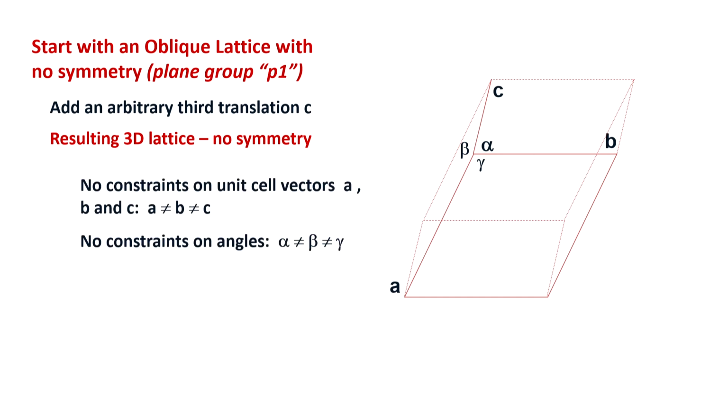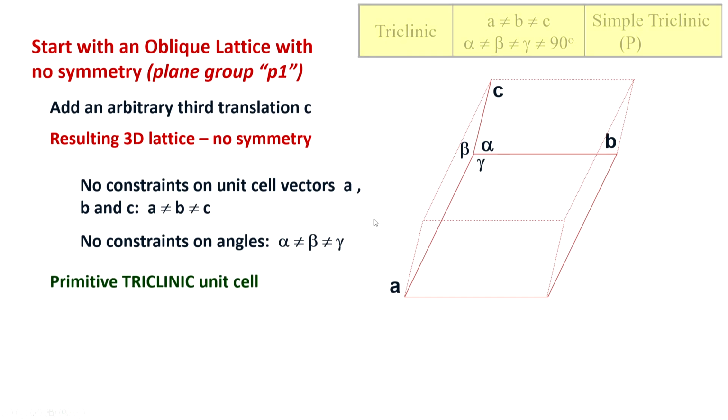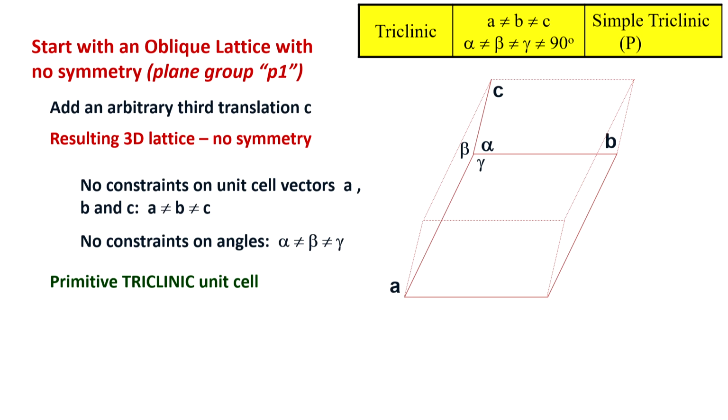So, no constraints on unit cell vectors A, B and C, and that is how one would write A not equal to B not equal to C, where not equal essentially means no constraints, and no constraints on the angles either. And if you go to the list of Bravais lattices, this is what one would call a primitive triclinic unit cell.